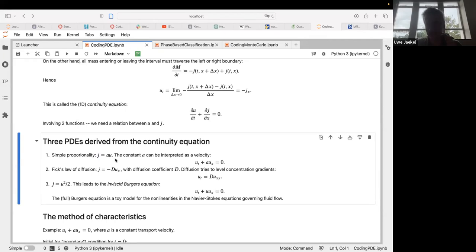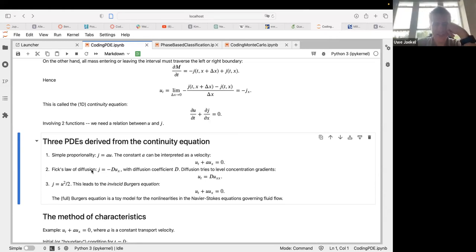You can regard this constant a as the proportionality constant. j and u are unknown functions so far, but a is just a constant, and we can interpret this as a velocity. If we insert J equals A times U, we just get a linear differential equation of this form. This is the simplest differential equation that we will solve. We will solve it analytically and we will solve it numerically. That's one possibility.